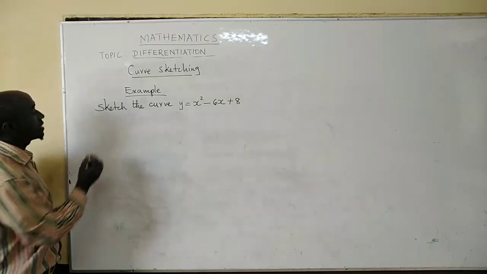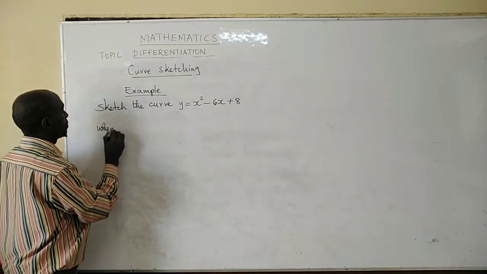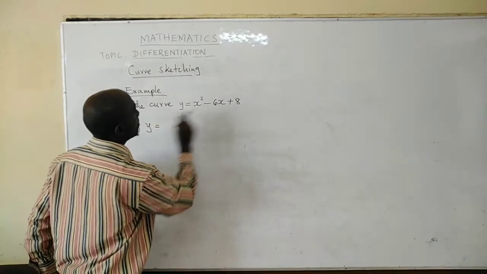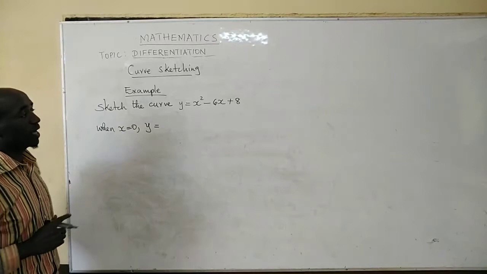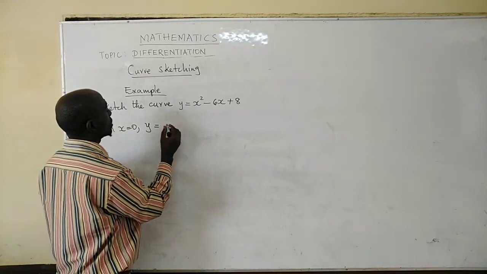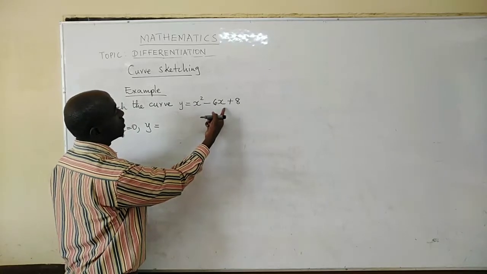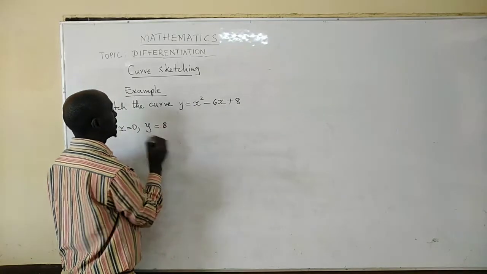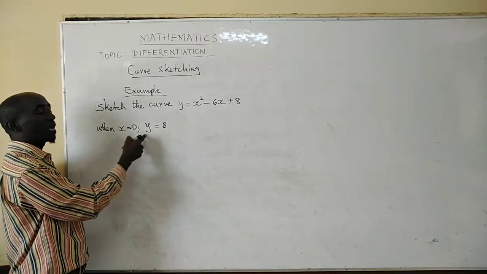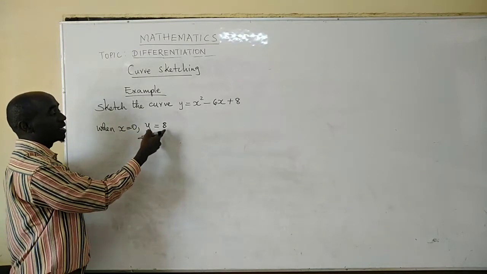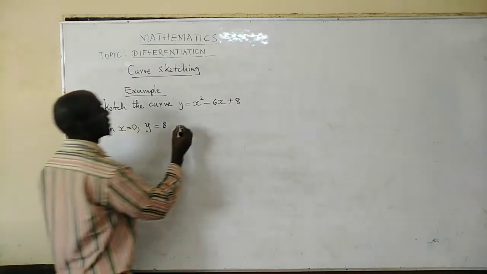So when x is 0, what is y? You just replace 0 in place of x, and then you will get y. So y will be 0 minus, the whole of this becomes 0, plus 8. So y will be 8. So this means when x is 0, y is 8, meaning the graph cuts the y-axis at 0, 8.